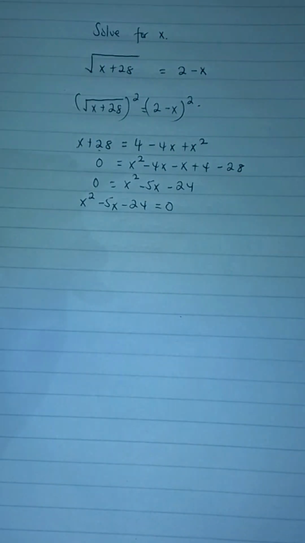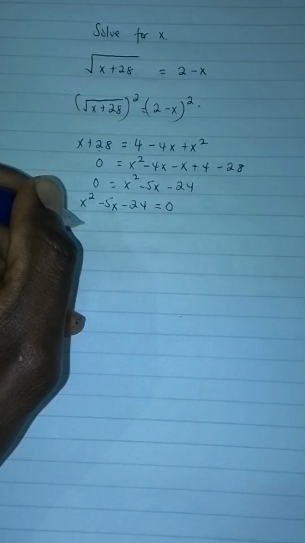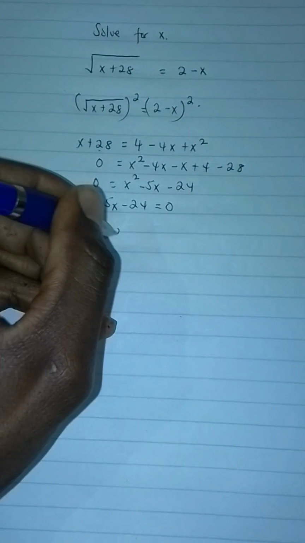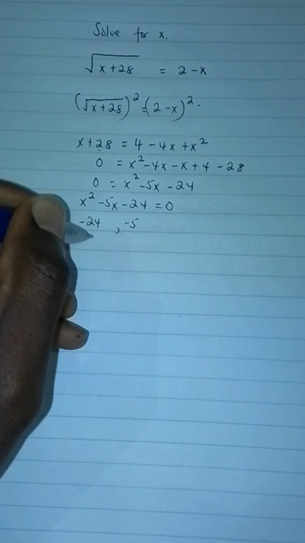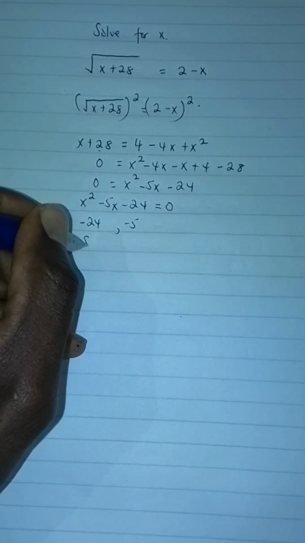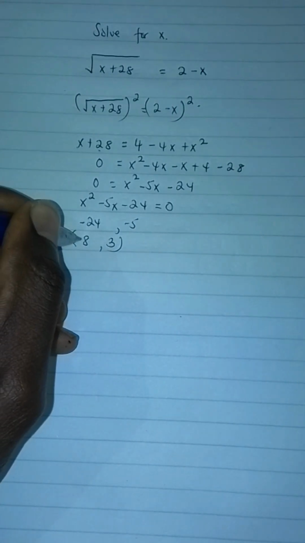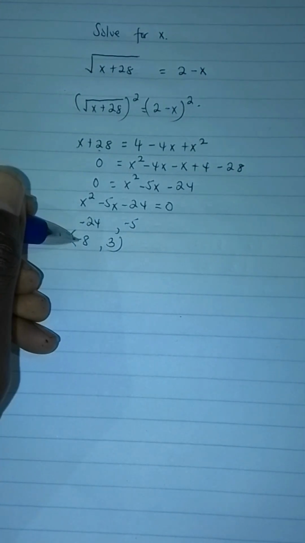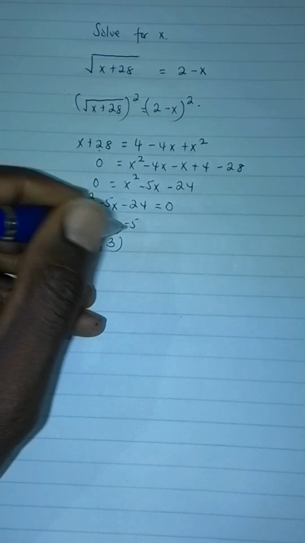Now we look for two numbers that if we multiply we get minus 24, if we add we get minus 5. Factors of 24 and minus 5, those numbers are 8 and 3, but 8 must be negative, because minus 8 times 3 gives minus 24, and minus 8 plus 3 gives minus 5.